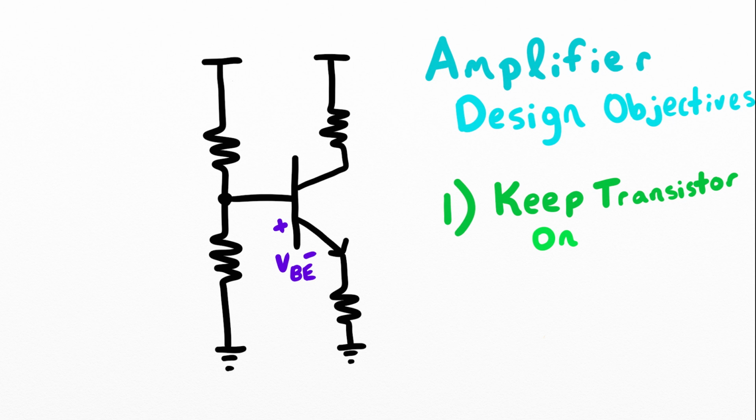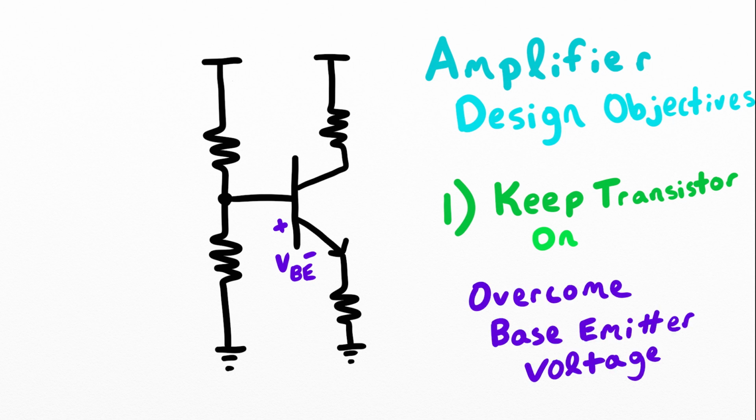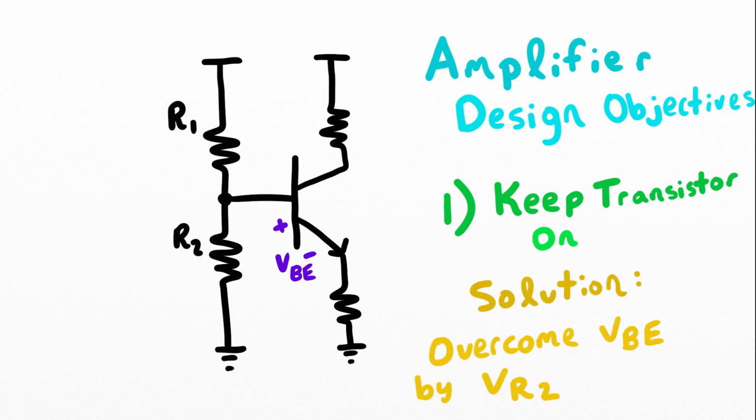In order to have the transistor on, we need to bias the transistor. And what that means is we need to overcome the base emitter voltage. We do this with the voltage across R2. This voltage must be greater than the base emitter voltage, which is typically 650 to 700 millivolts.